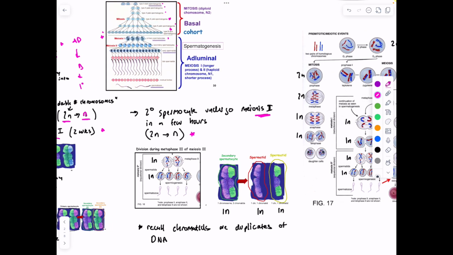At the beginning, your secondary spermatocyte is going to have one chromosome, which has basically 2 copies of the DNA, which would be the chromatids, right? And then each spermatid is going to get 1 version of each set of that DNA. So if you have a copy from your mom and a copy from your dad originally, now the end sperm is going to get a copy.